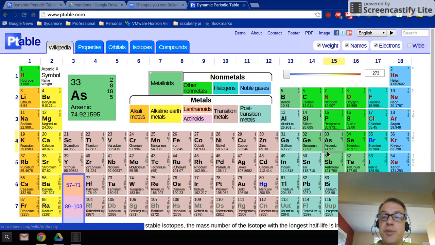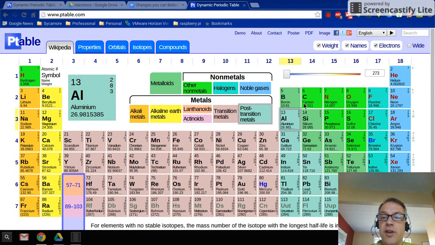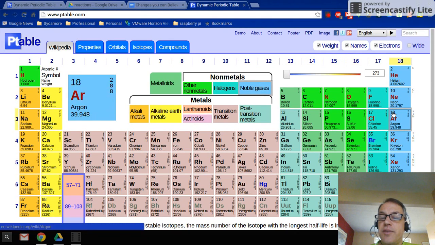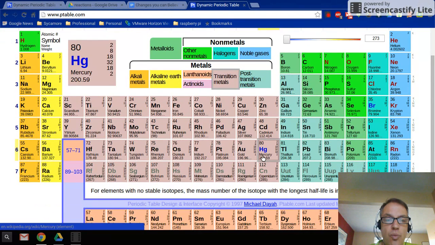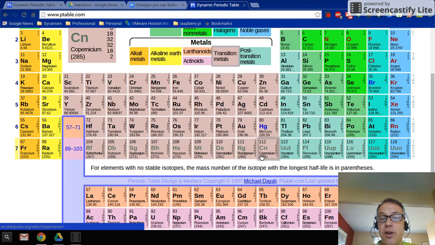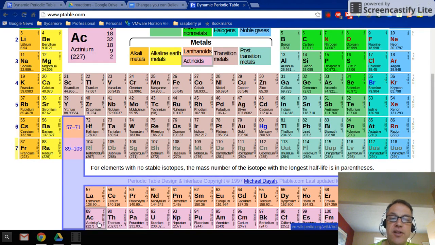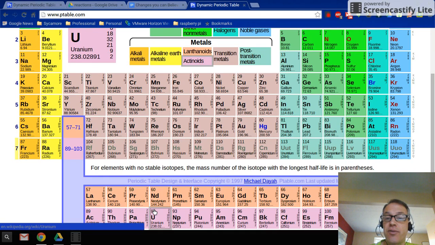Now, what are some other features of the periodic table that are so important? Well, generally speaking, the metals are on the left side. The non-metals are over here on the right side. You see these elements right here, which we call metalloids. They can't really make up their mind if they're metals or non-metals. We talked about the names, and you can see some of those up here. Later on, Glenn Seaborg pulled these out. These are the lanthanides and the actinide series. A lot of these are very radioactive, and most of these are made.